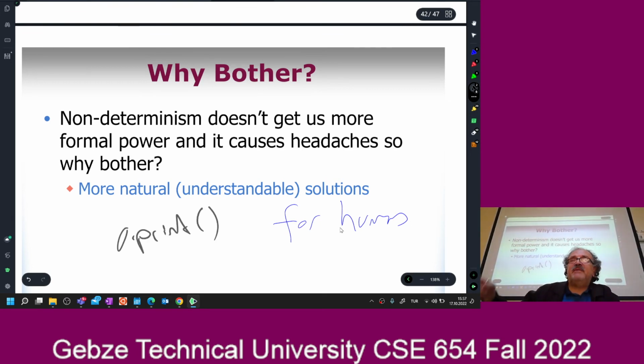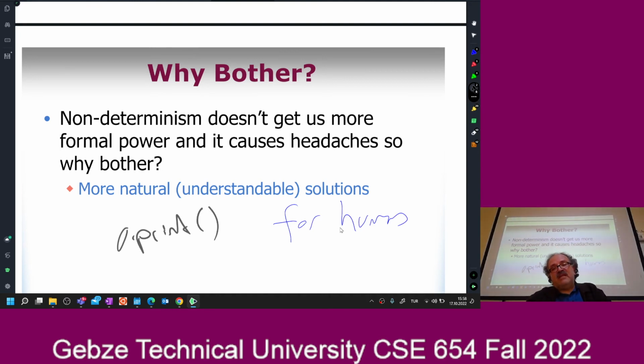There are many things happening under the hood. Polymorphism is happening, and functions are automatically selected and run. It is very easy for me to think about it, but under the hood, if you think about the assembly, it is very complicated. This one is the same thing too. For us humans, it is easy. For the machine, the non-deterministic one, and the deterministic one especially, it is more complicated.